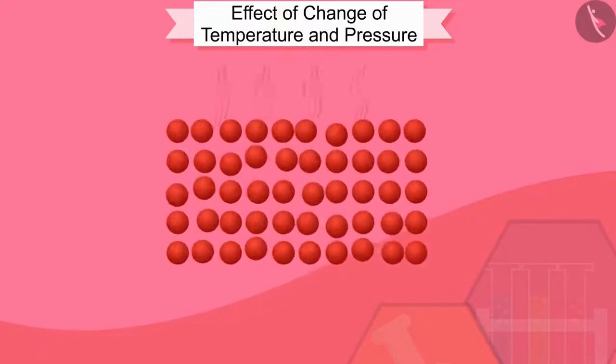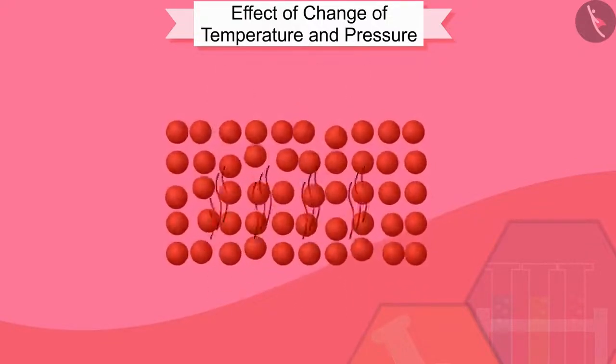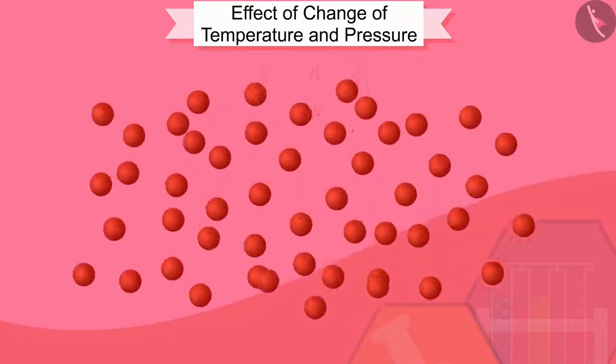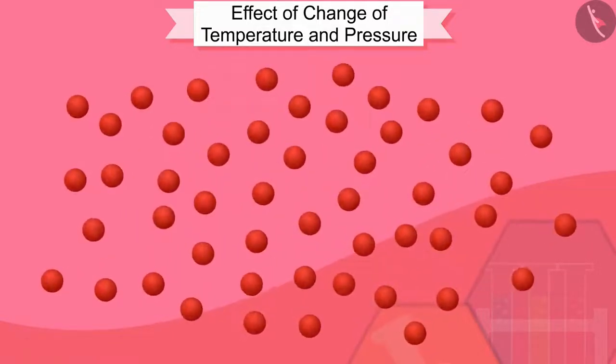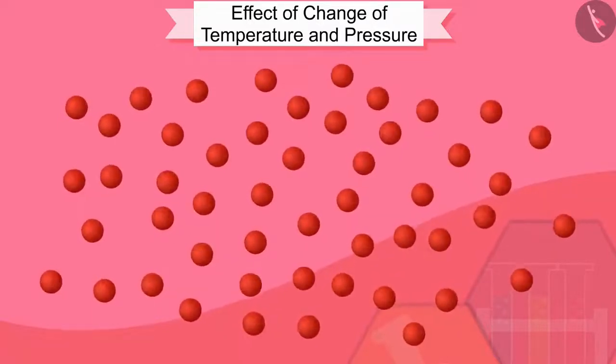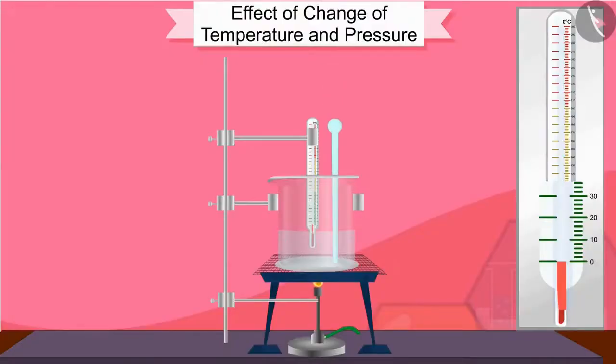When we supply heat energy to water, particles start moving even faster. At a certain temperature, a point is reached when the particles have enough energy to break free from the forces of attraction of each other. At this temperature, the liquid starts turning into gas.